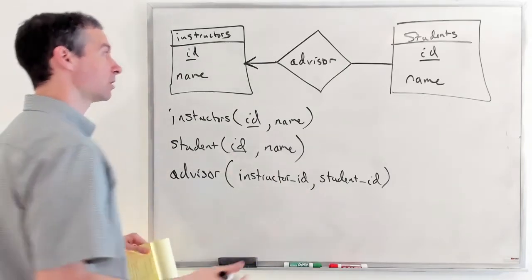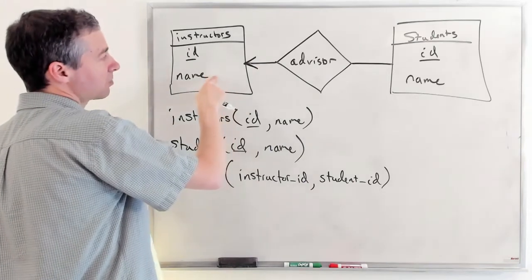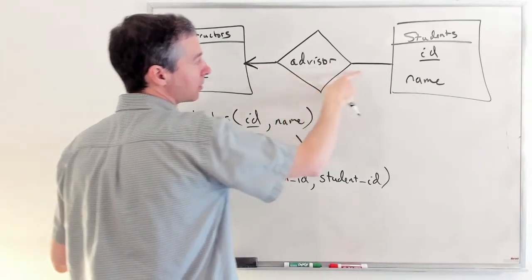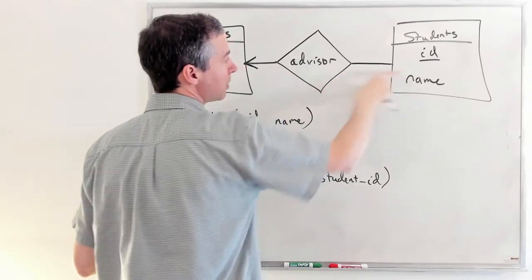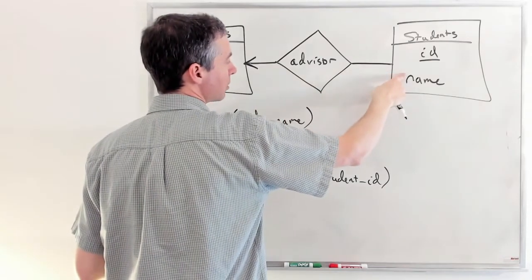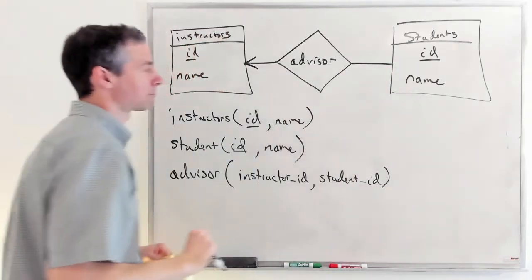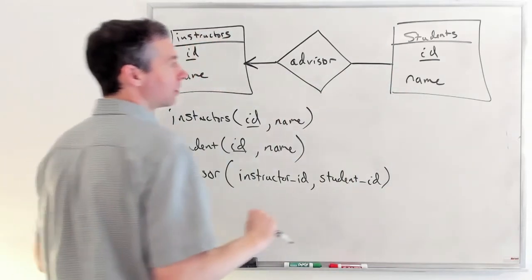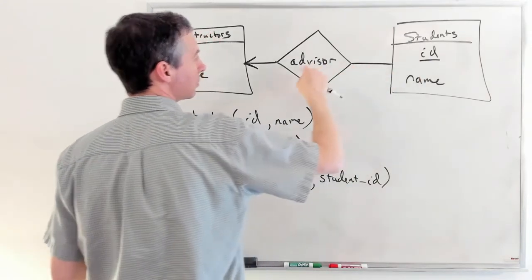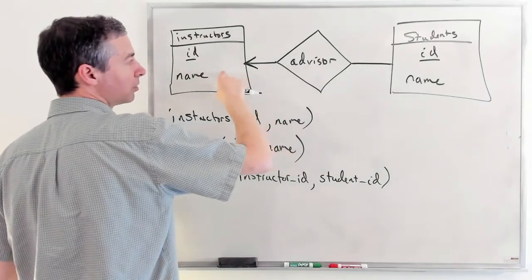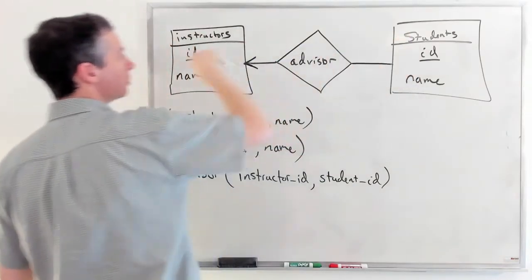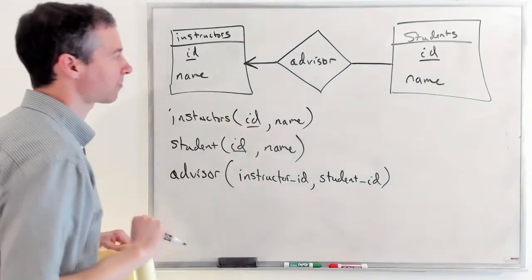So let's go again here. If I have an instructor, I can advise 0 or more, so many students. One instructor goes to many students. Okay. What about a student? A student goes to one instructor. Many students go to one instructor.